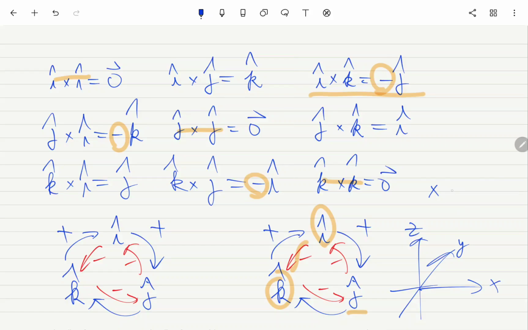Of course x is not a vector, but the x-axis crossed with the y-axis will become the z-axis. So this coordinate system also follows the right-hand rule.